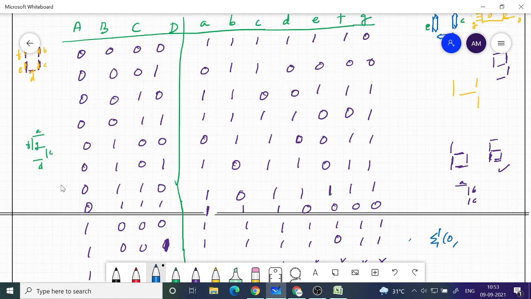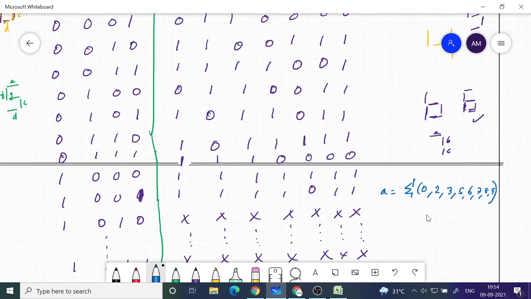So this is for A. A is basically 1, then 0, then 1. So 2 is there, then 3 is there, 4 is not there, 5, 6, 7, 8, 9. This much minterms are present.